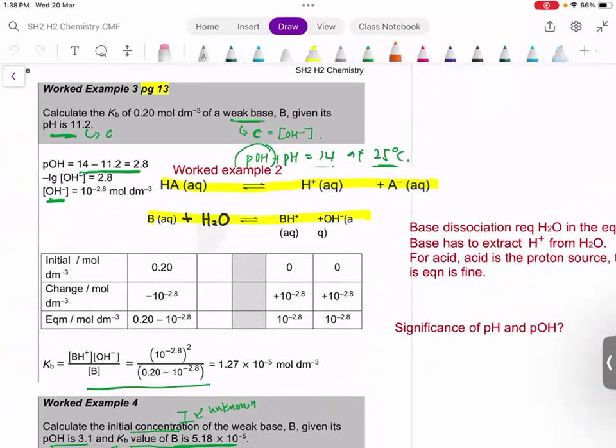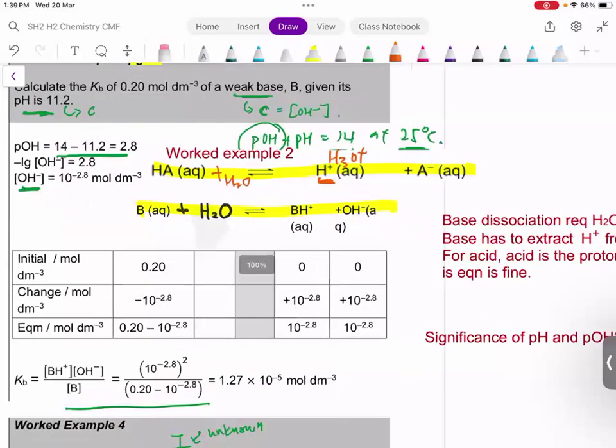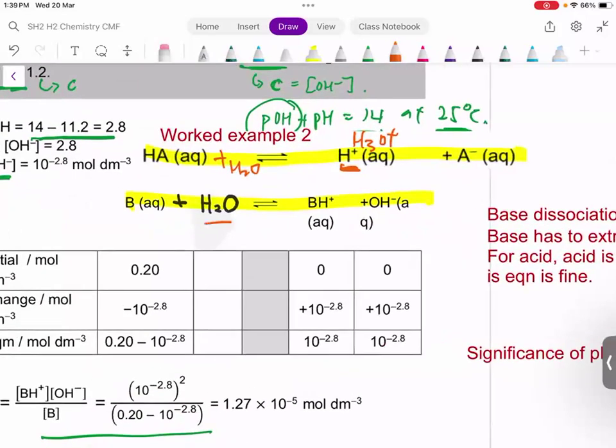All right, so if you want to put water there, you can also do so, but then this will become H3O plus. Okay, so in acid dissociation, with or without water is fine. All right, in contrast, if you are working with a base, then participation of water becomes necessary as part of your equation. It's no longer optional.